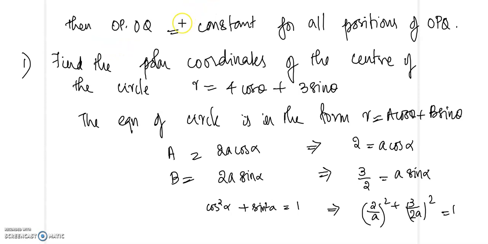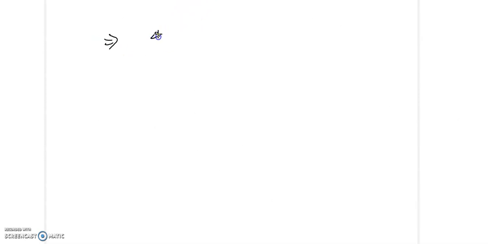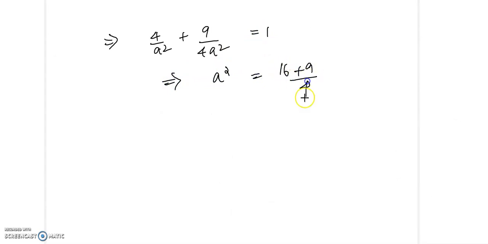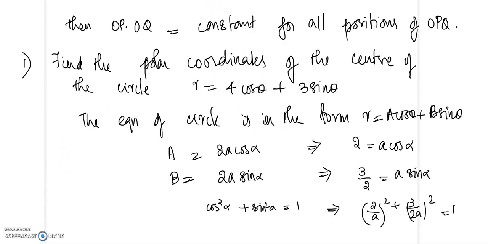So that gives 4 by a square plus 9 by 4 a square will be equal to 1. So we'll get a square equal to 16 plus 9 by 4. So therefore a will be equal to 5 by 2.